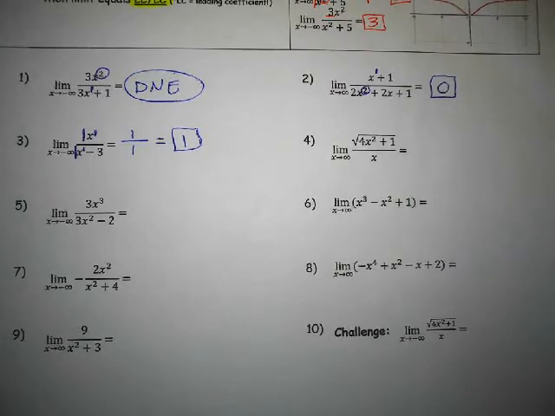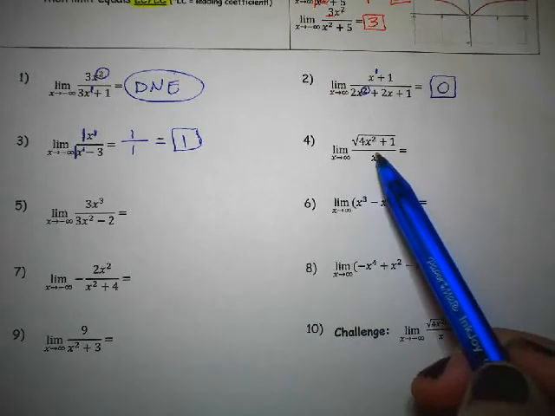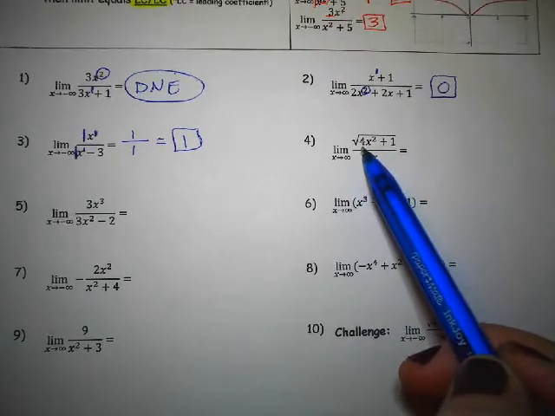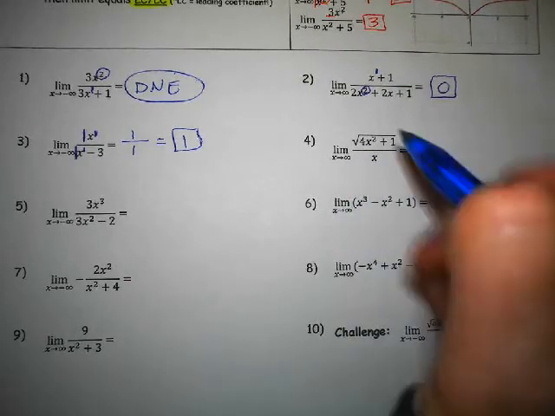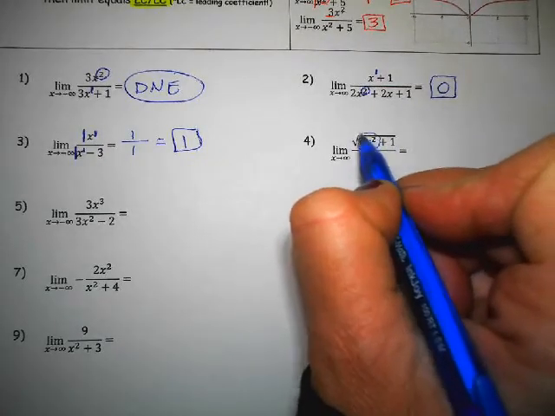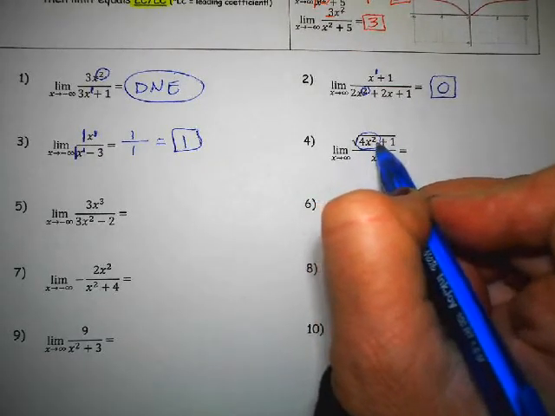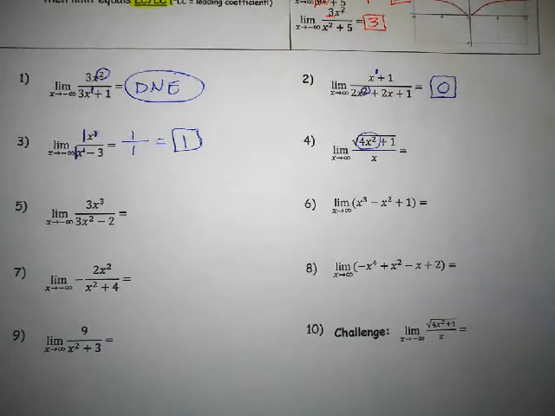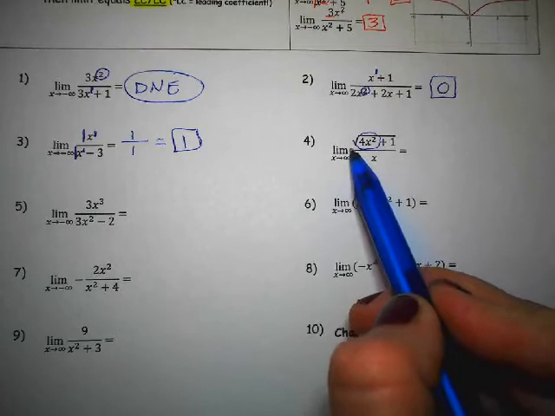Now, number 4 is a little bit tricky because I see a square root, and we're supposed to be looking for the degree of the numerator and denominator. What I would do is look at just this highest term, the term with the highest exponent up top, and imagine taking the square root of that because it's underneath the square root.